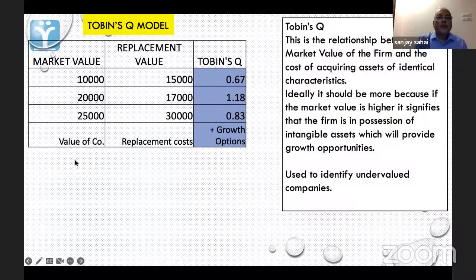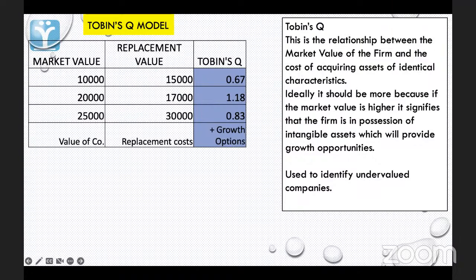Now, let me just show this to you. Okay, Anjali, look at this example here. Suppose I take a company and I replace all its assets.